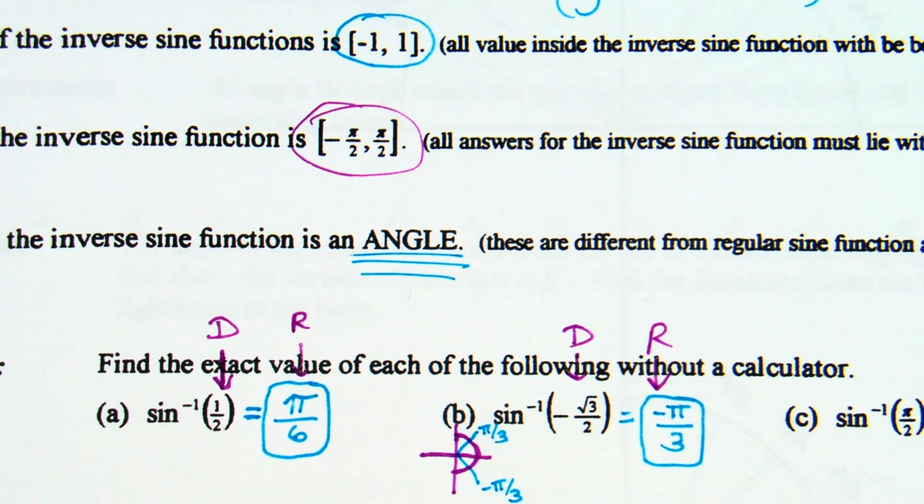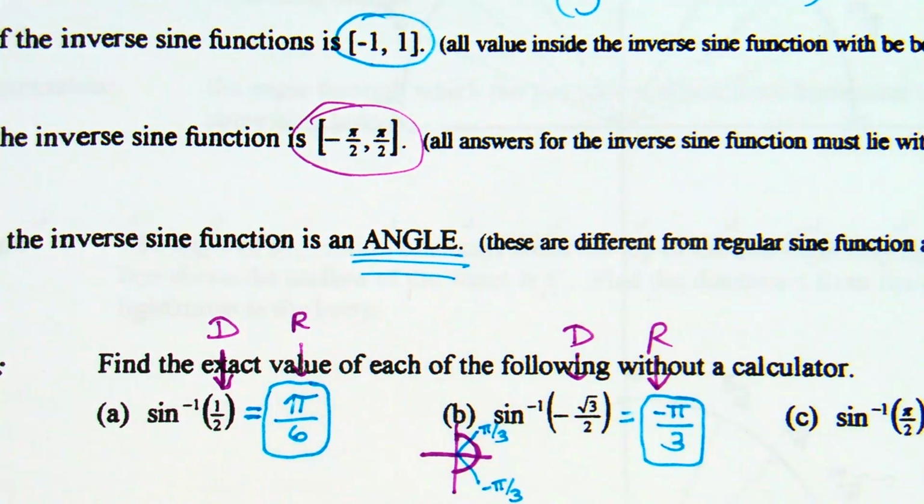Now, B. Kind of the difference on B, it's the sine inverse again. This time it's -√3/2. Well, where does sine equal √3/2 on your chart? That's happening at 60 degrees or π/3, correct? Now, if it was the sine inverse of positive square root of 3 over 2, okay, piece of cake.